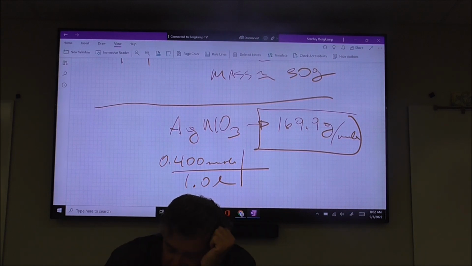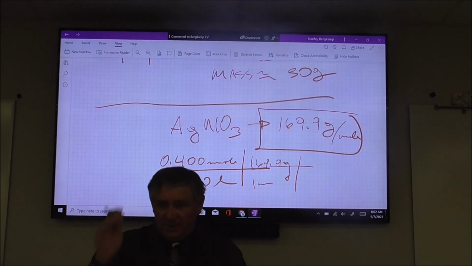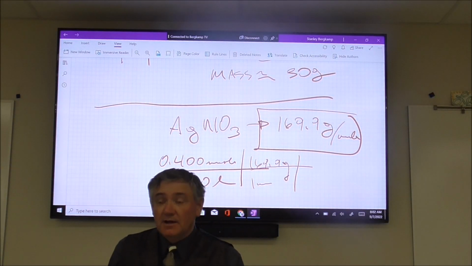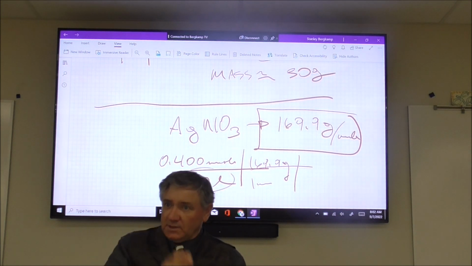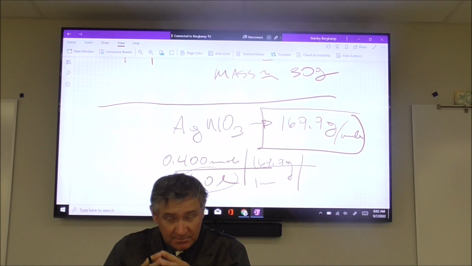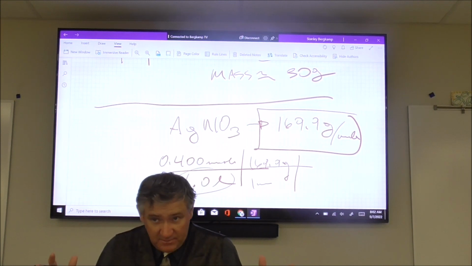So one option is that you go, well, 1 mole is 169.9 grams. So if I take 0.4 times 169.9, that tells me how many grams I would have in 1 liter. If I were to mix up a whole liter of this stuff, that's how many grams I would need. But I don't need a whole liter of this thing.